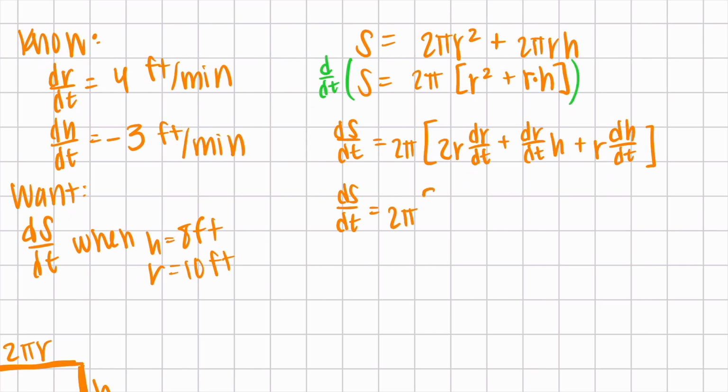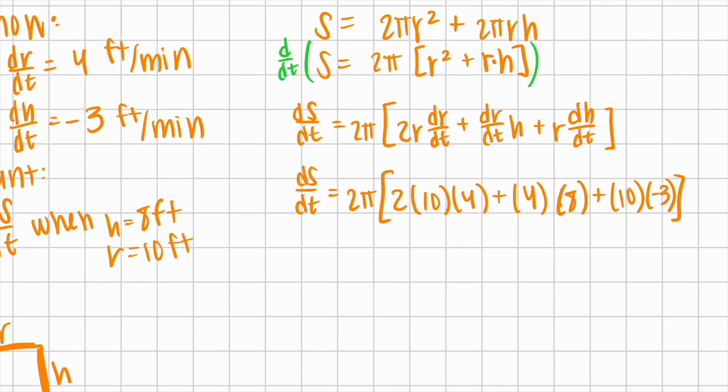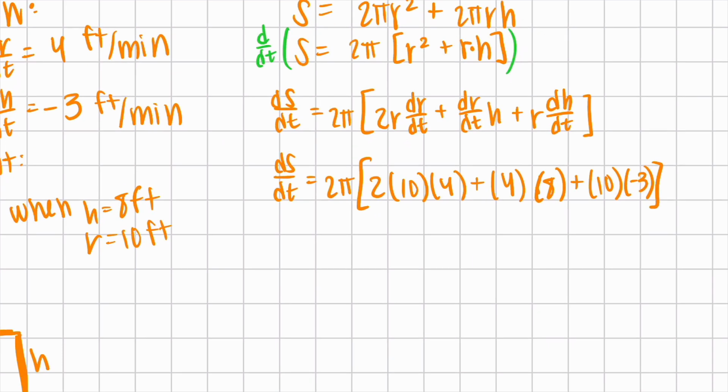I have 2 pi. 2 times r, my r is 10, dr/dt is 4, plus 4. h is 8. r is 10. dh/dt is -3. The rest is simplifying. So I get 2 pi again.